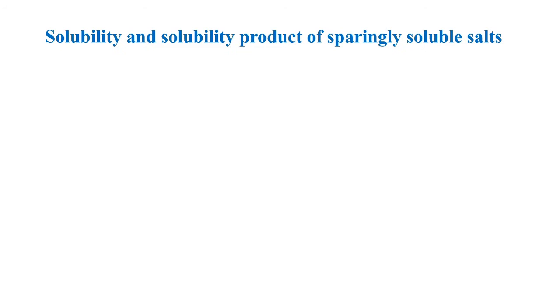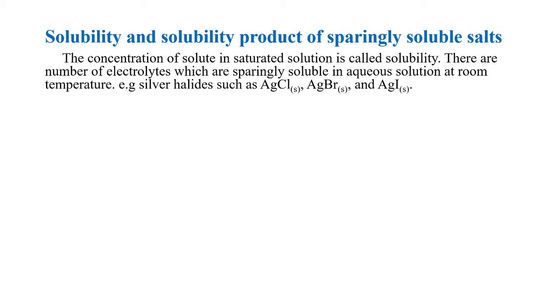Last topic, that is the solubility and solubility product of sparingly soluble salt. So the concentration of solute in saturated solution is called solubility. We have a number of examples of electrolytes which are sparingly soluble in aqueous solution at room temperature. For example, silver halides.